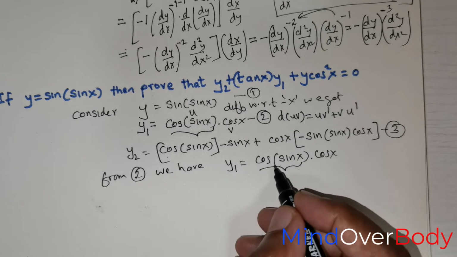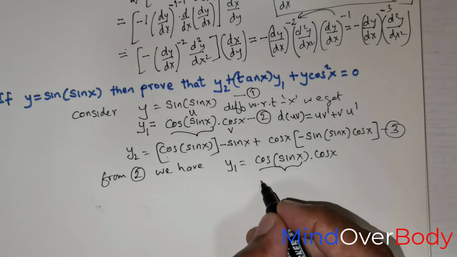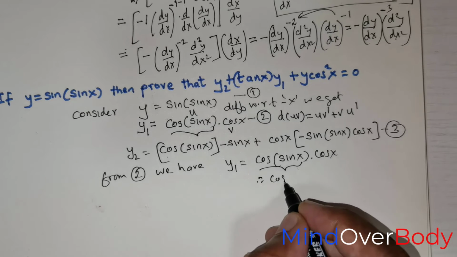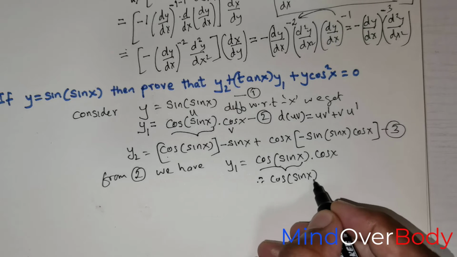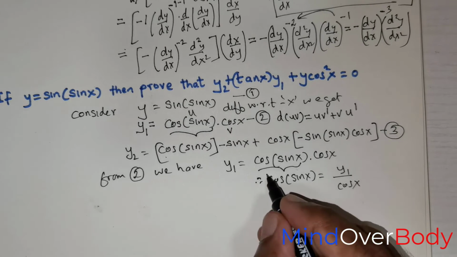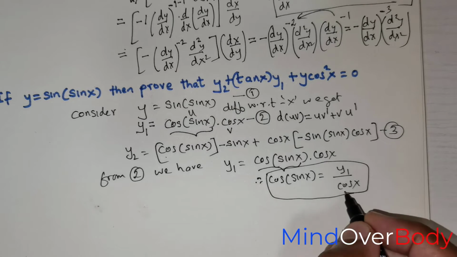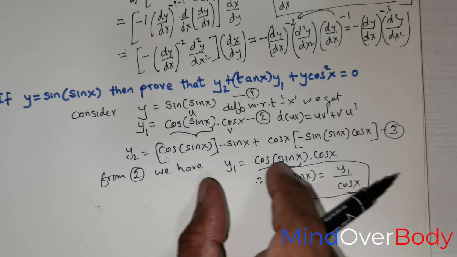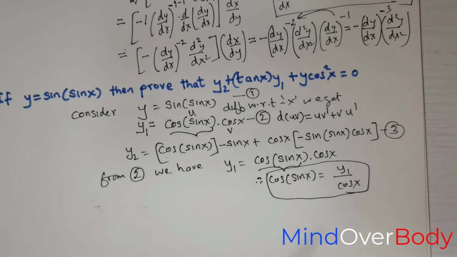So from here, if I were to extract cos of sin x, I would get cos of sin x to be equal to y1 over cos x. So this is what I am getting. So I'm going to take this and place it here. So that's for one side.